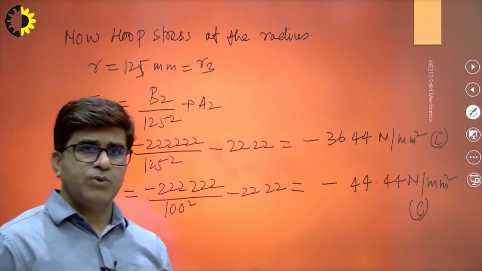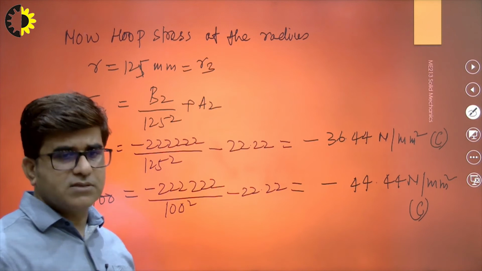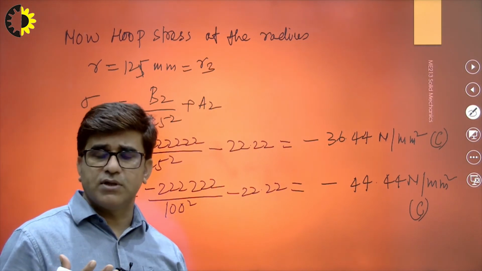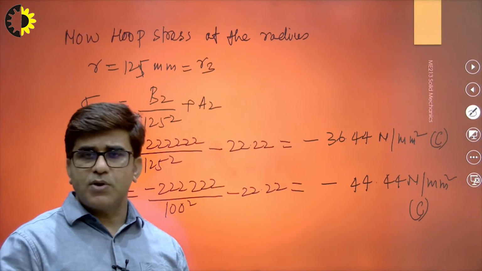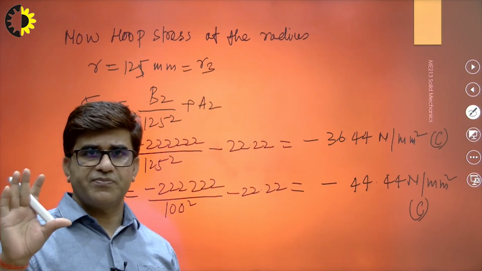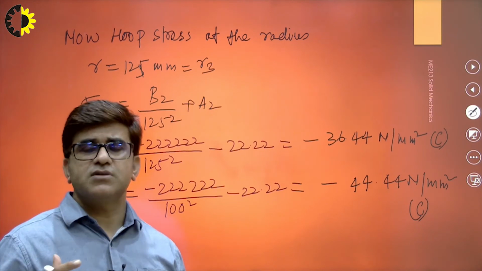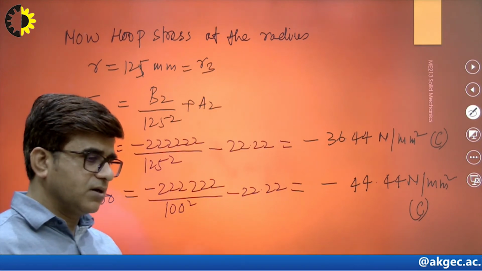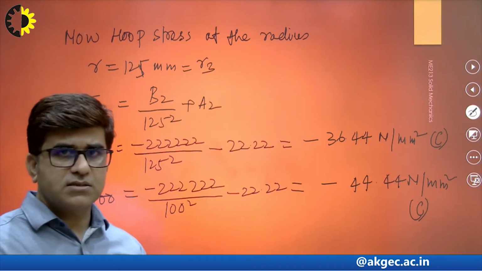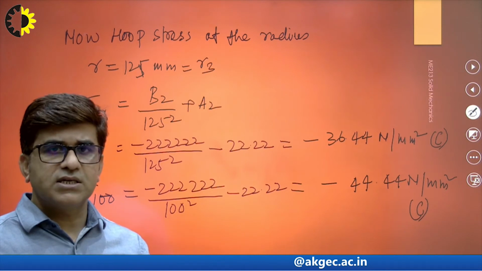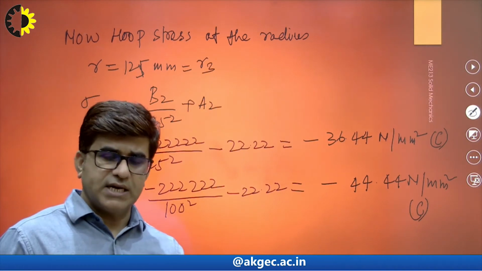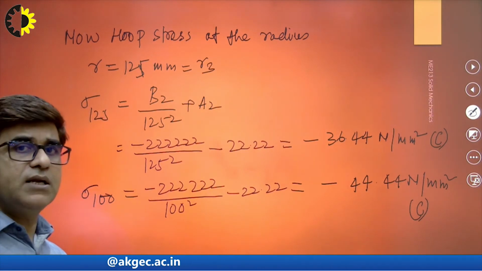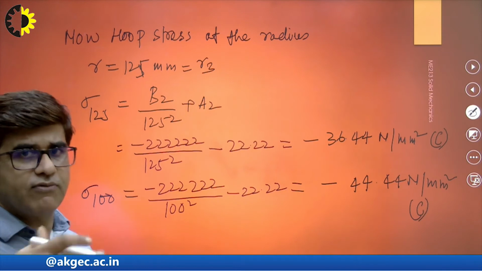So in this case, when we fill the compound cylinder with the fluid, then that compound cylinder is treated as a single cylinder, and at different radius we can find the hoop stress. So first of all, we will calculate the constants A and B using the boundary condition, and then we will calculate the hoop stress at different radius, and then we will calculate the net resulting hoop stress at different radius.